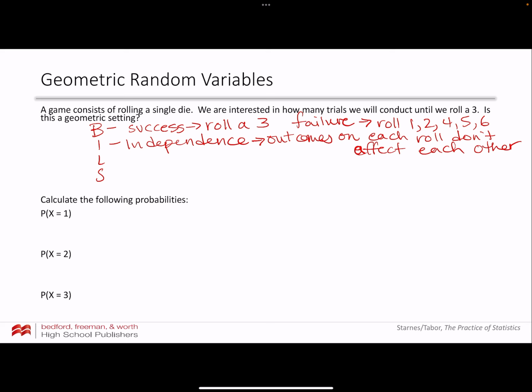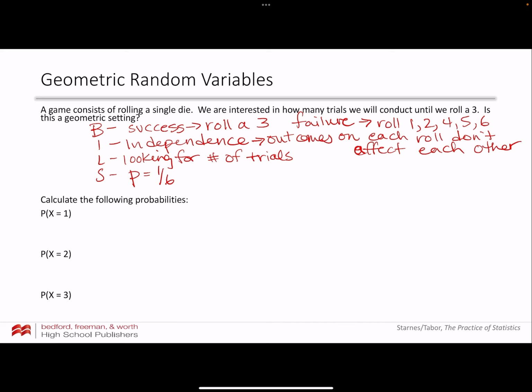All right. T means we're looking for a number. We're looking for the number of trials until we roll a 3, right? And then the same probability of success. Every time I roll a die, the probability of success, or the probability of rolling a 3, is 1 out of 6, right?